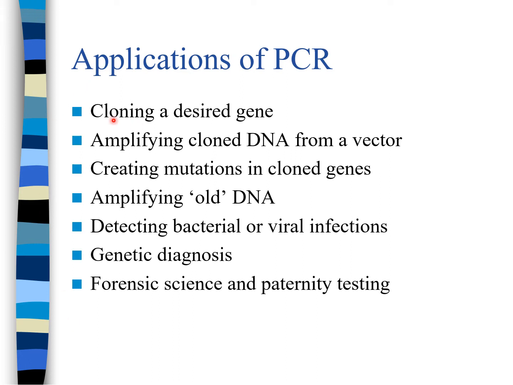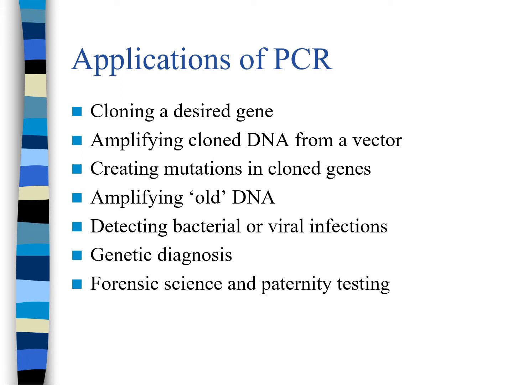It can be used to clone a desired gene, let's say an eye gene or a hair color gene, etc. We can amplify this gene, make many copies, and clone it to study it, to analyze it. If we want to study a cancer gene, we can amplify it, photocopy it, and then we can look at it, we can investigate it.